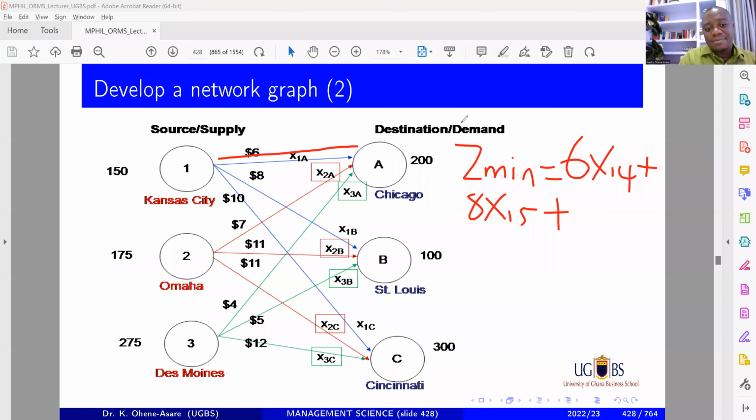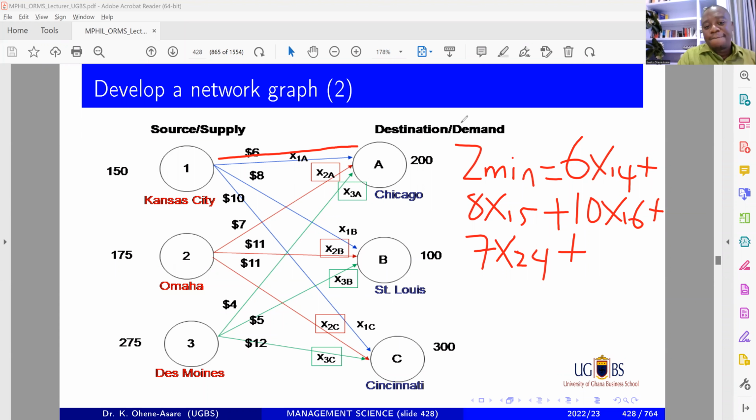Which is the next? Plus 10x16. Very good. Continue. Plus 7x24. Very good.